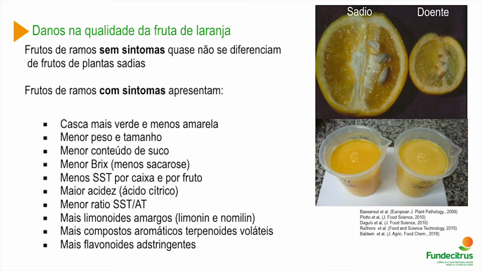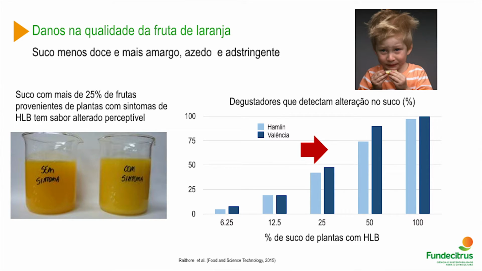We have a higher acidity in the fruit, lower ratio, and in terms of acidity, more limonoids that are bitter, that is more limonin and nomilin, more aromatic compounds like volatile terpenoids, and more astringent flavonoids, that is a lower quality fruit produced from fruit harvested from disease affected branches. So it's more astringent, bitter, and acidic juice.